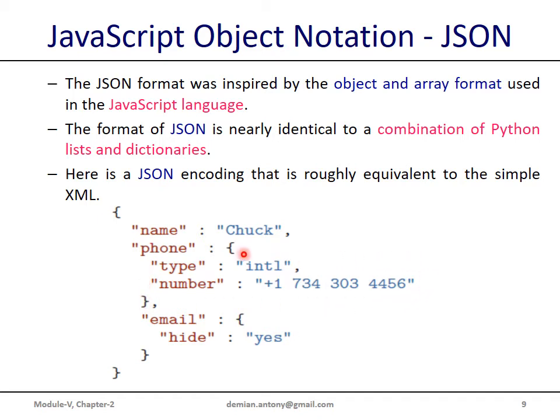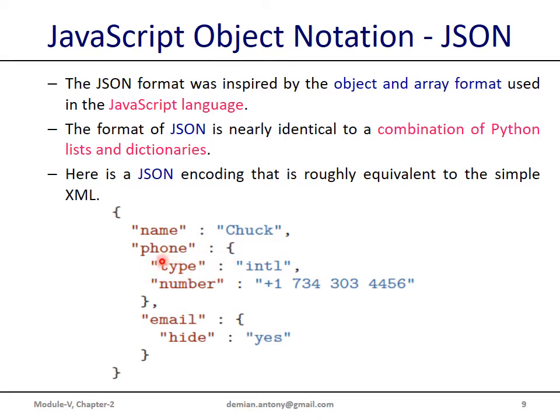The value is a composite one, which contains the key as an attribute, type, which is international. If you see the XML, type is the attribute of phone, and here we don't have a separate representation for attribute. An attribute is also represented with a key-value pair.